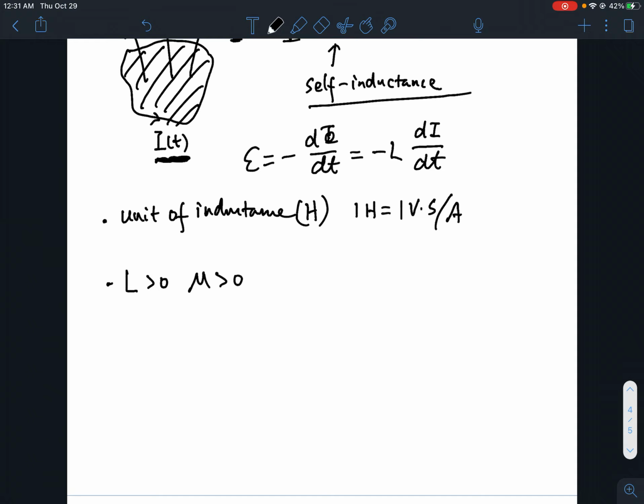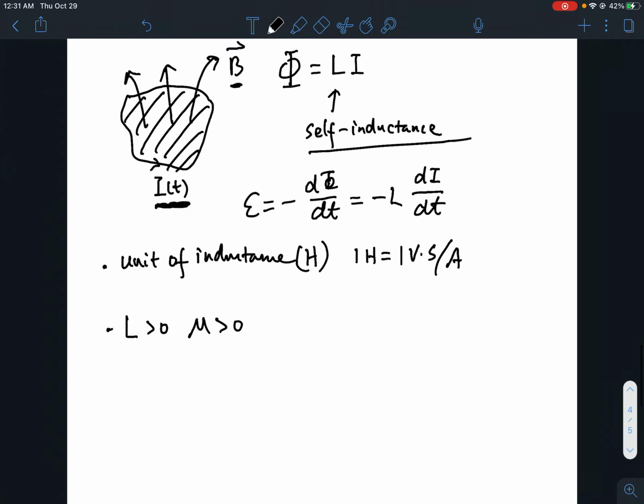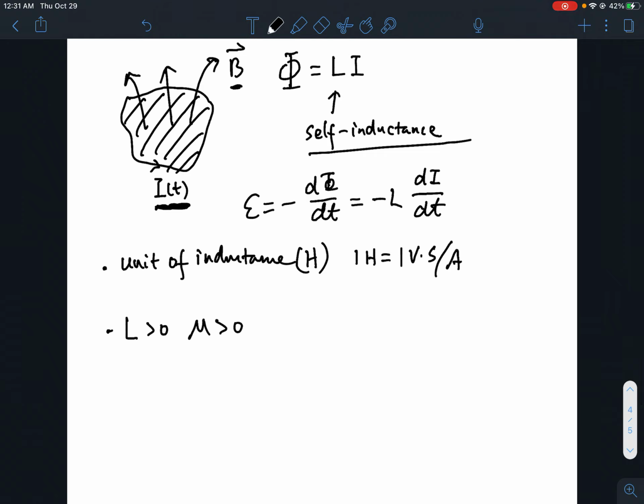And then you can also see that the electromotive force that is induced always opposes the change of the magnetic flux, which is really opposing the change in current.